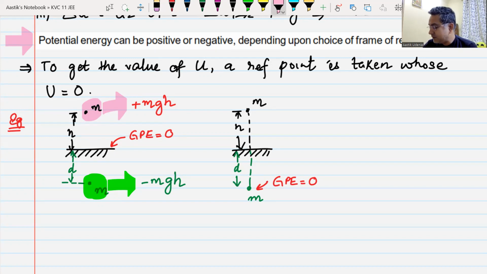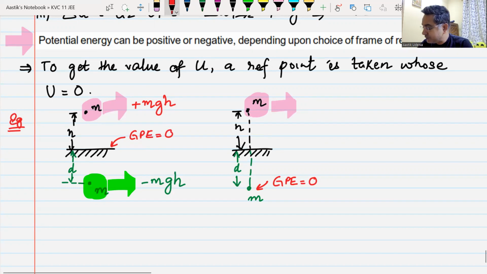Now can you tell me what would be the gravitational potential energy of the upper point? Yes, that is correct.